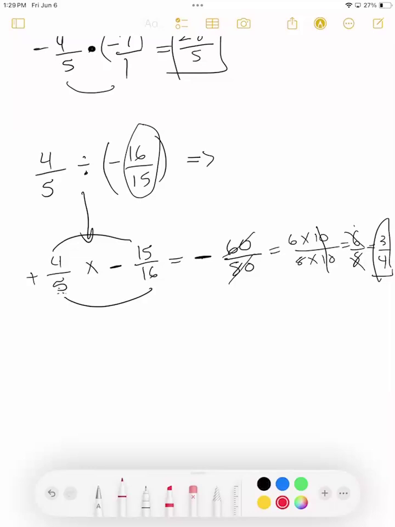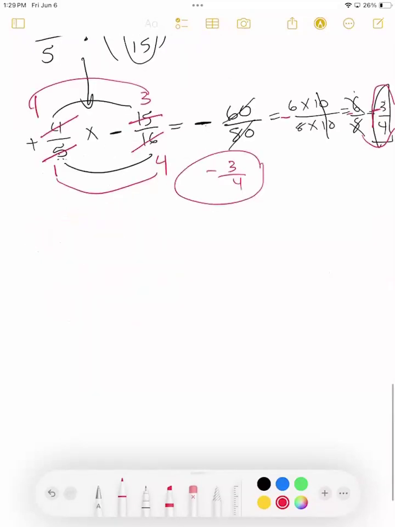You could have said 5 goes into 5 1 time. 5 goes into 15 3 times. 4 goes into 4 1 time. And 4 goes into 16 4 times. 1 times 3, 1 times 4 gives you 3/4, but it's negative. I missed the negative. So the answer is negative 3/4.